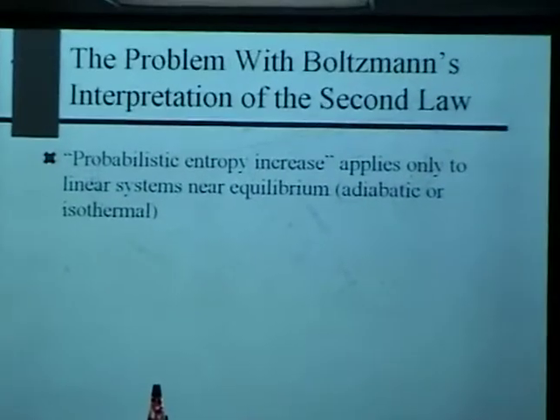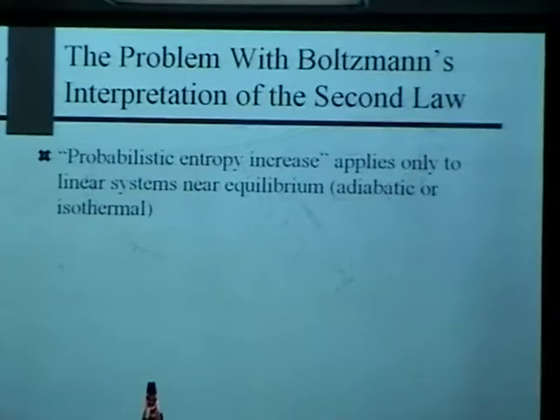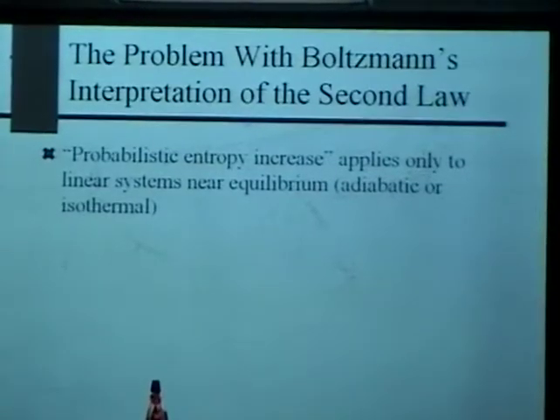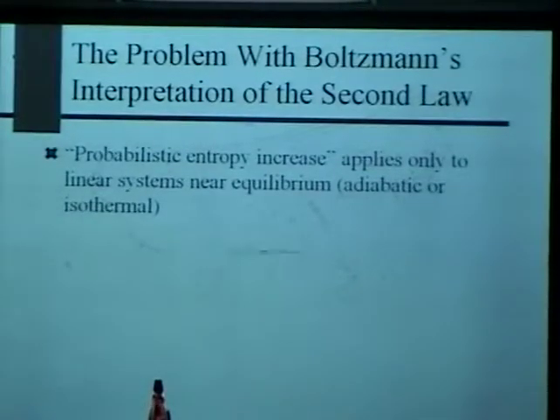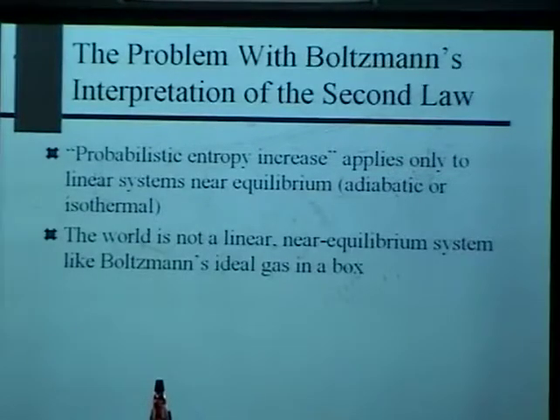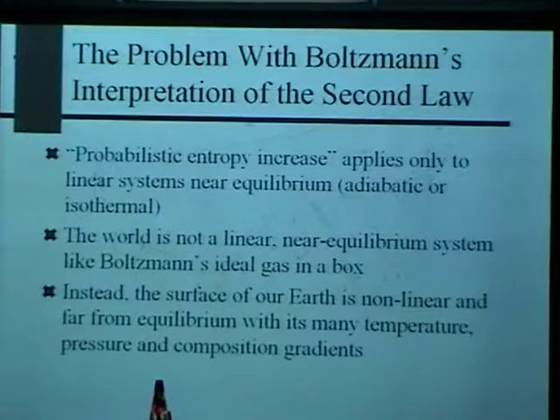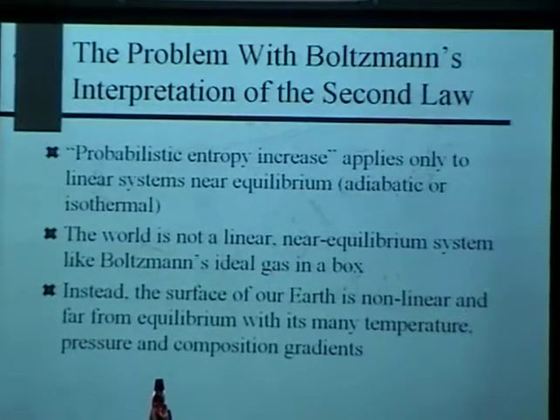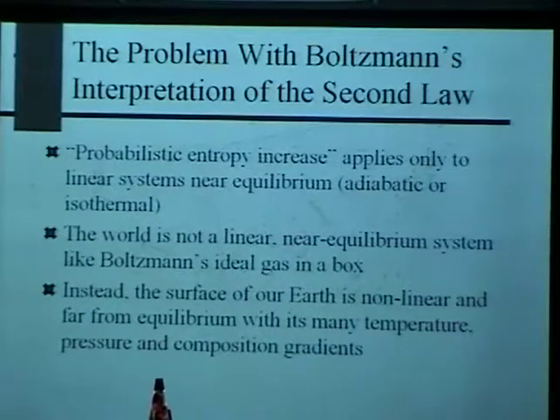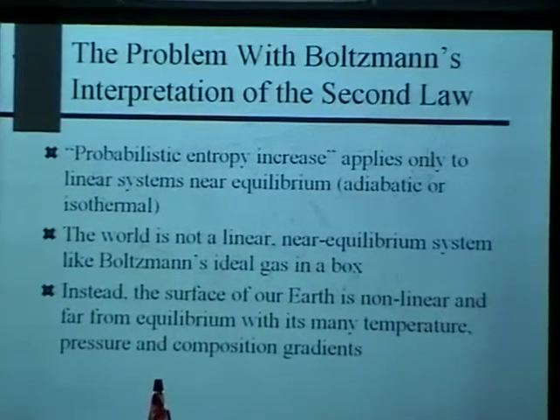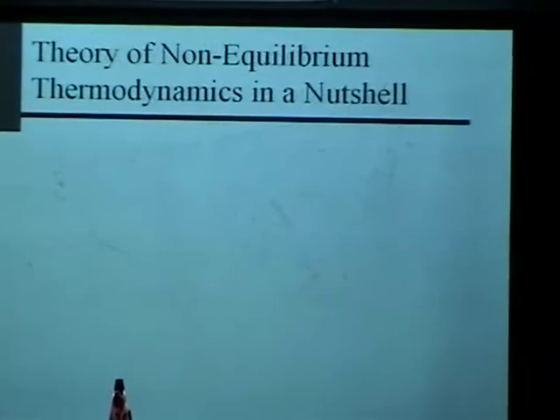But the problem is that the more we learn about the surface of our Earth today, I should say Boltzmann's system applies to systems near equilibrium. We're finding more and more that our world is not at all a system near equilibrium, like Boltzmann's ideal gas in a box. Our Earth consists of all sorts of gradients, temperature gradients, pressure gradients, composition gradients, which make it very different from a system in equilibrium.